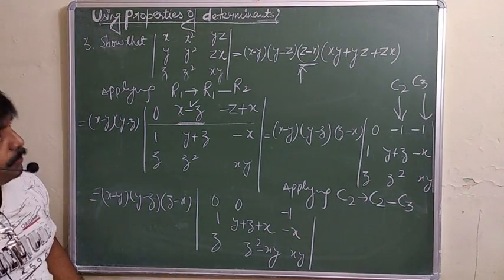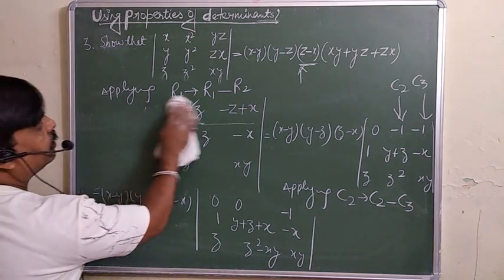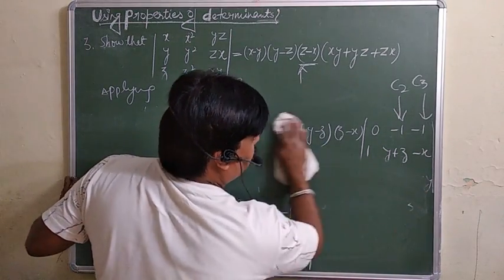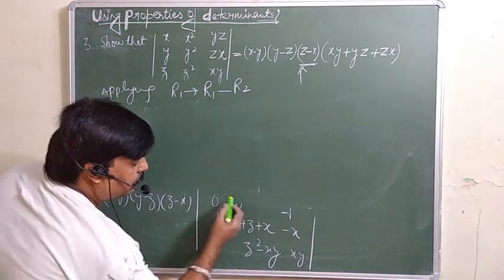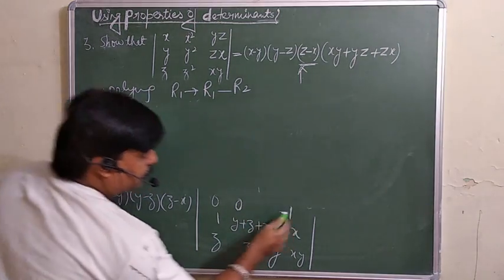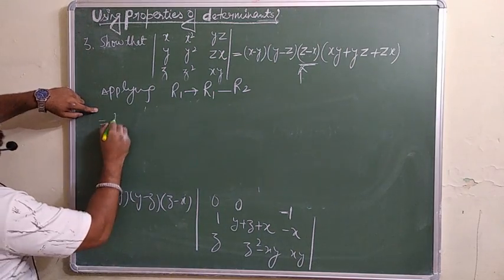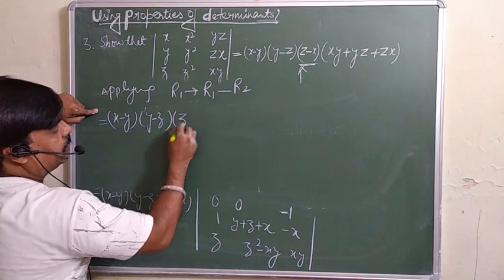So look here now. I am going to solve the determinant along the first row, because here is the 0, and minus 1 is here. For this one the signs are plus, minus, plus. So I am going to write x minus y, y minus z, z minus x.